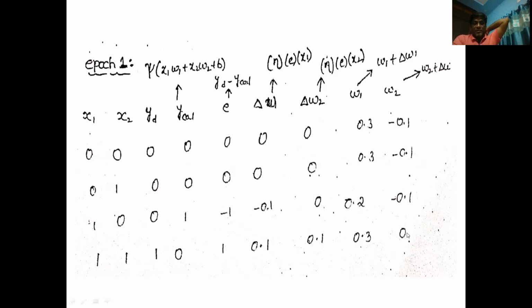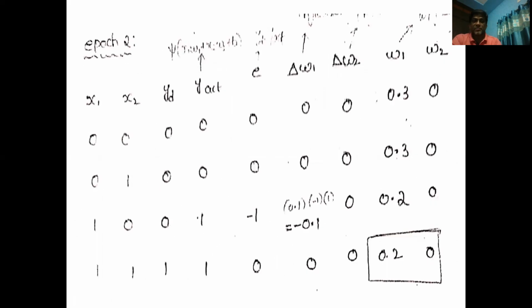Now we'll continue with epoch 2 since the error terms are changing. Until and unless we get all the error terms as zeros, we'll continue the process. Epoch 2 also uses the same formulas. Again, we consider the input vectors 0, 0, 0, 1, 1, 0, and 1, 1.